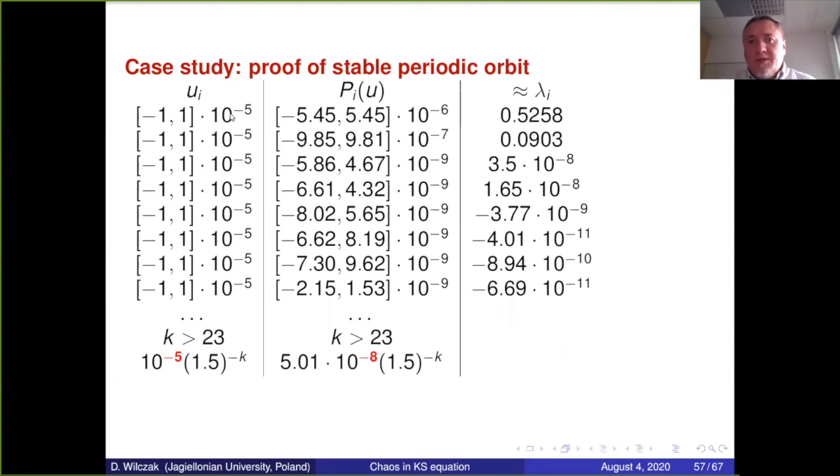On the first coordinate, we have -5 something to 5 something times 10 to -6, which is less than this, okay? And I would like to emphasize also that this is only slightly larger than the approximate eigenvalue. So our C0 algorithm keeps the shape, okay? On the second coordinate, the eigenvalue is 0.09, but the bound is 9.8 times 10 to -7.